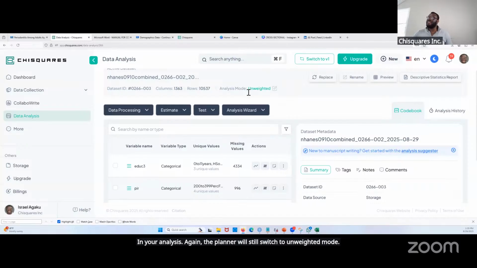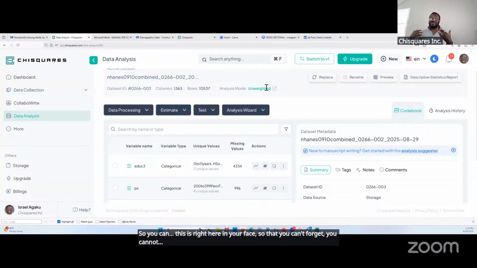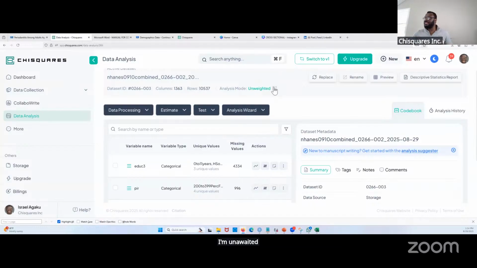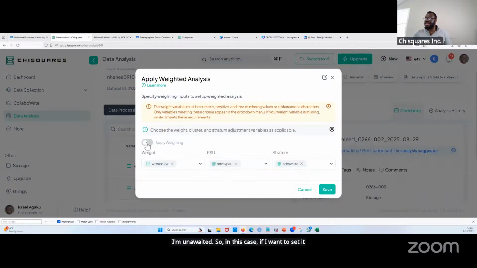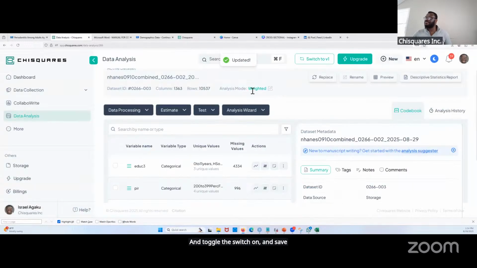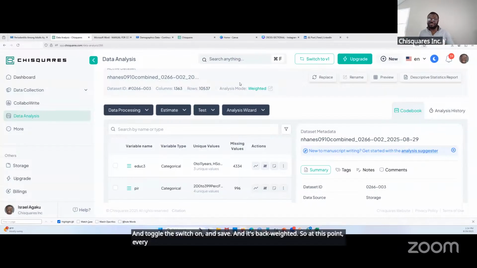This is right here in your face so that you can't help but notice all the time that this is the mode I am on. I'm on unweighted. So if I want to set it back, I just come back here and toggle the switch on and save, and it's back to weighted. So at this point, every analysis on the platform will automatically weight the data.